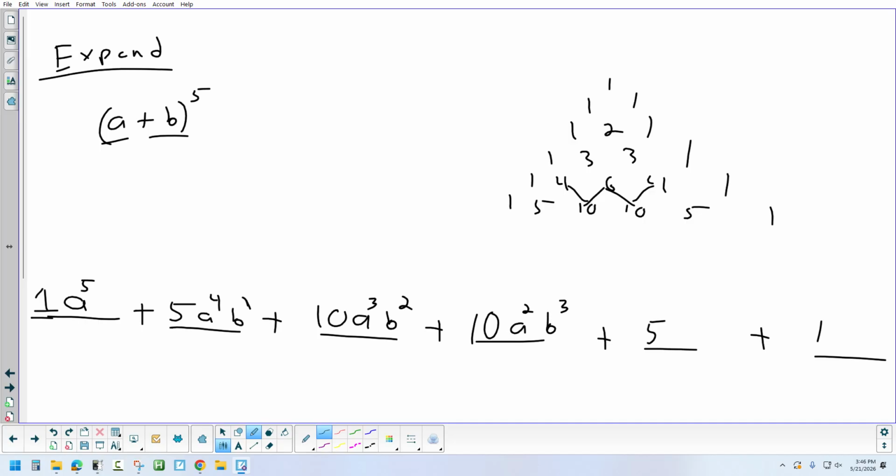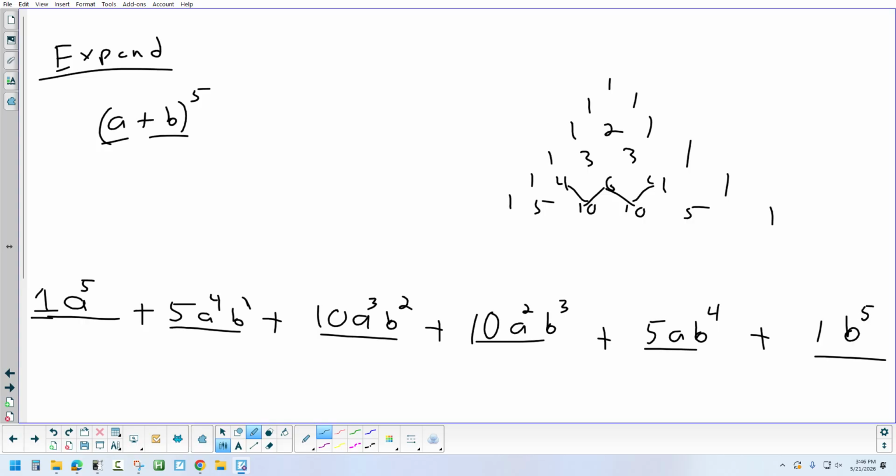And second to last term, coefficient's 5, and the variables will be A to the first and B to the 4th. And in the last term, 1, B to the 5th.